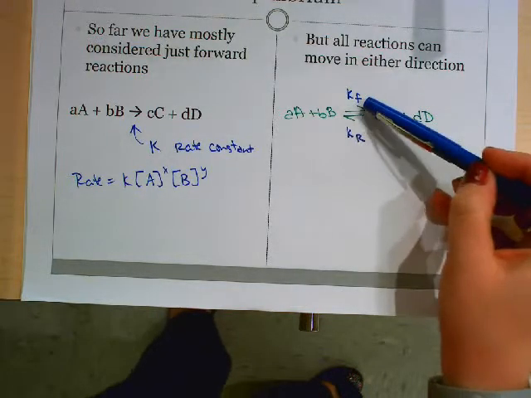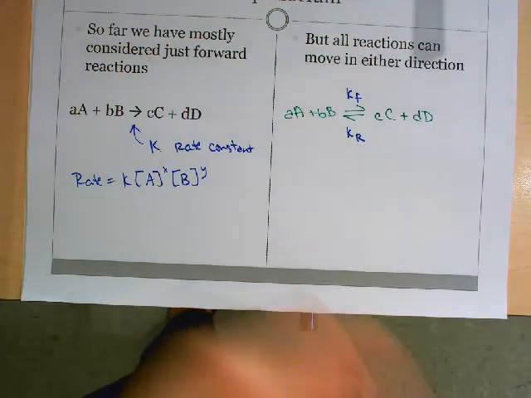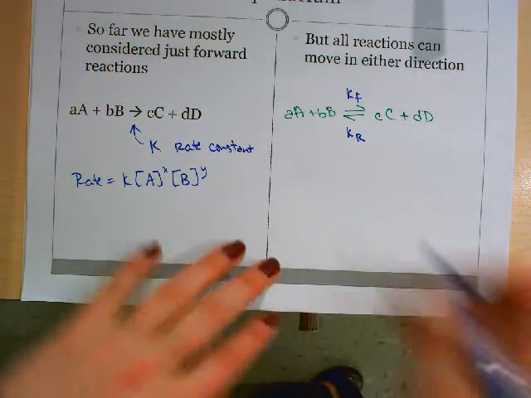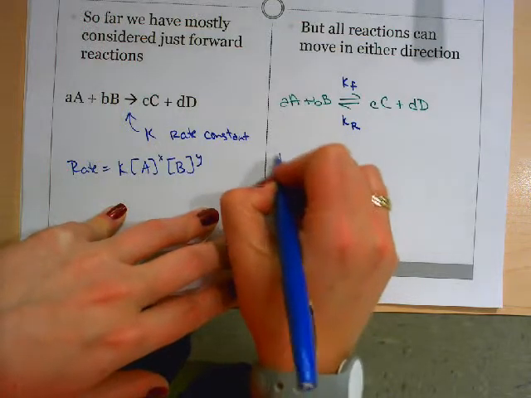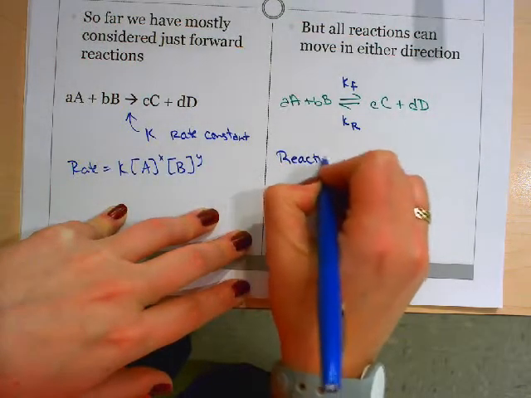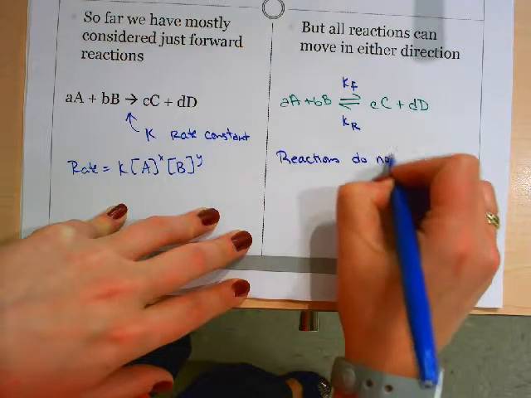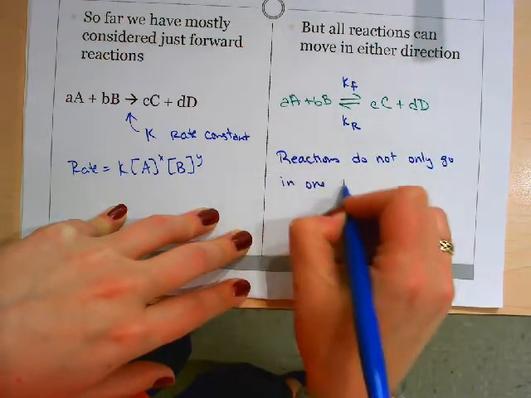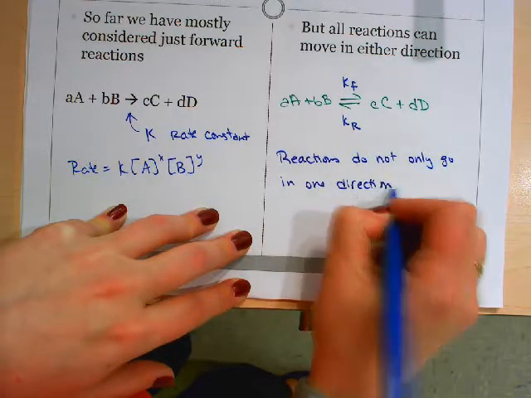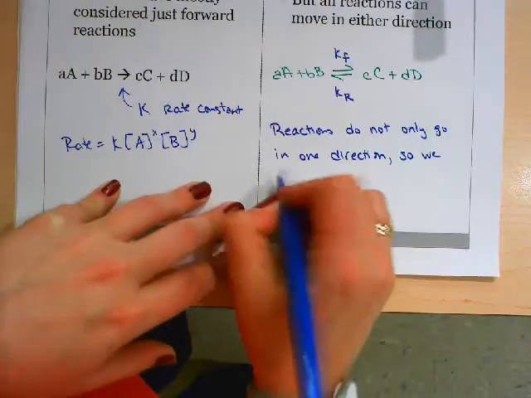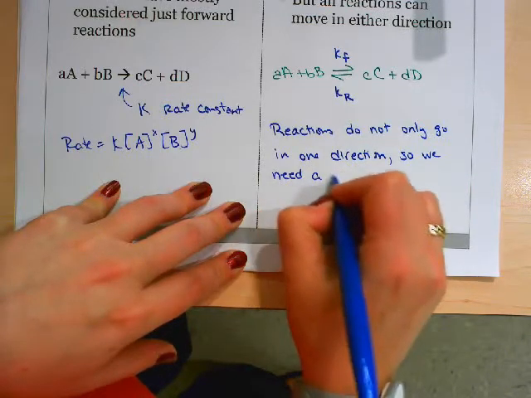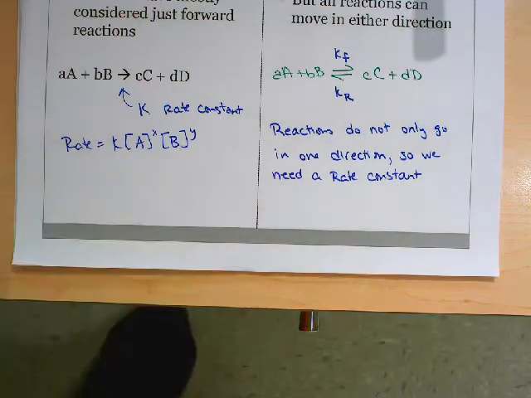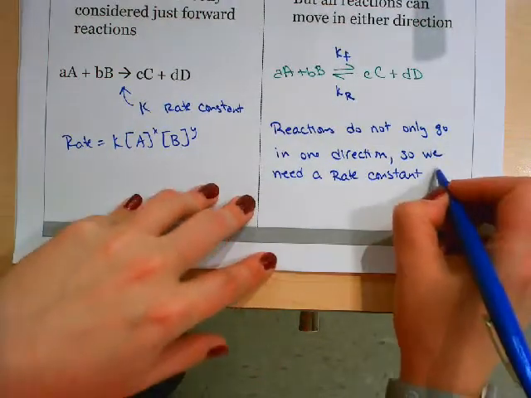So k sub f for forward and k sub r for reverse. The reactions don't go only in one direction, so we need a rate constant for both directions.